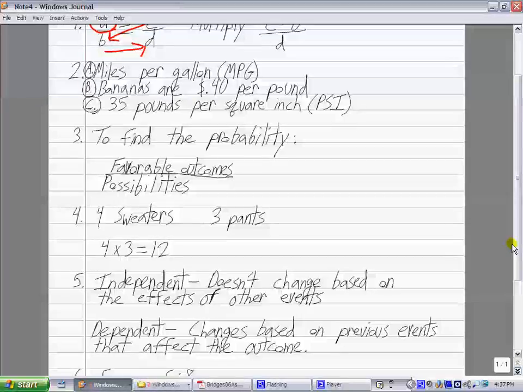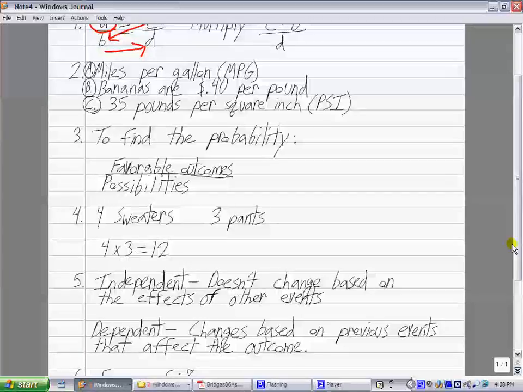Now if I replace the marble and I draw again, my chances of drawing a green marble will still be the same, because the first event did not change the possibility on the second event of drawing a green marble, because I replaced the marble that I had already drawn.